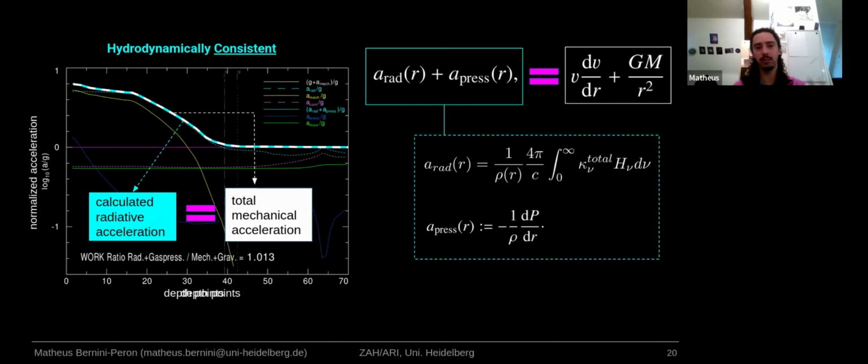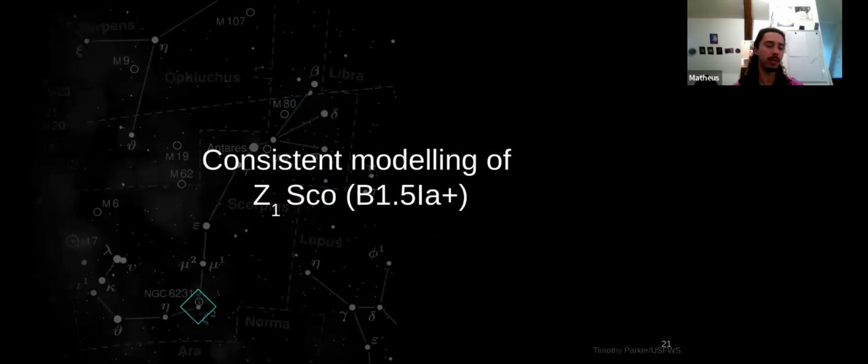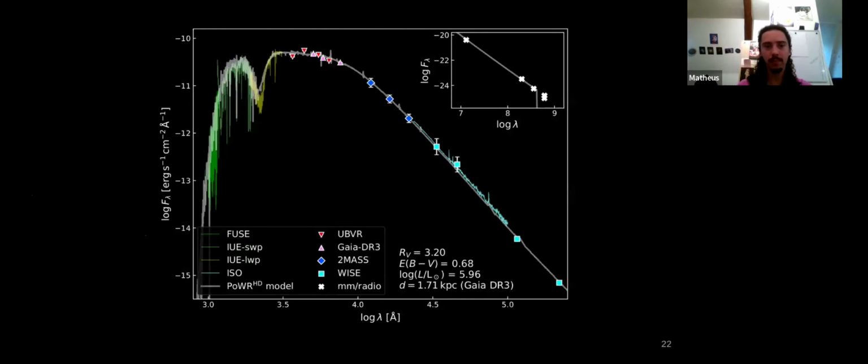And basically we took this principle and applied it to model a very prototypical B-hypergiant in our galaxy, which is Zeta 1 Scorpii. And we chose this star because it's a very bright object and therefore has a very nice spectral coverage from the far ultraviolet to the mid-infrared.